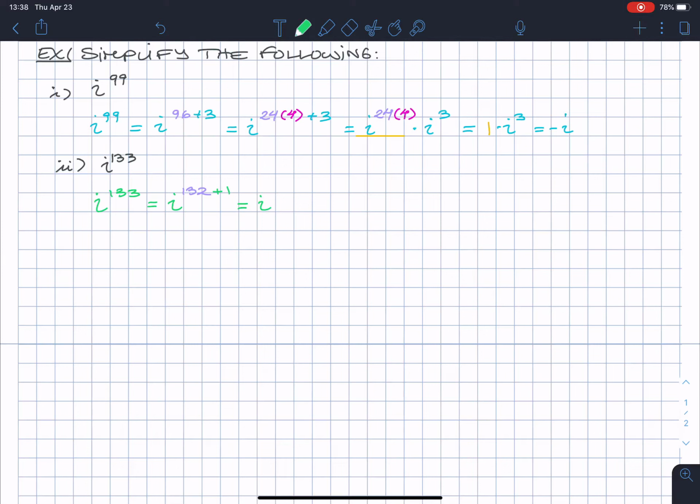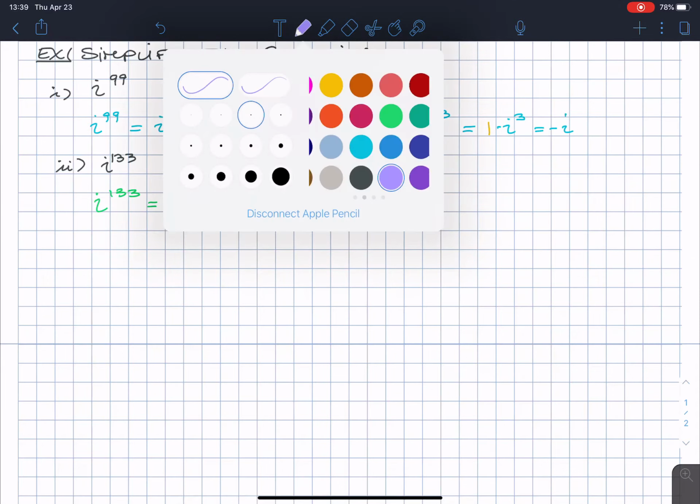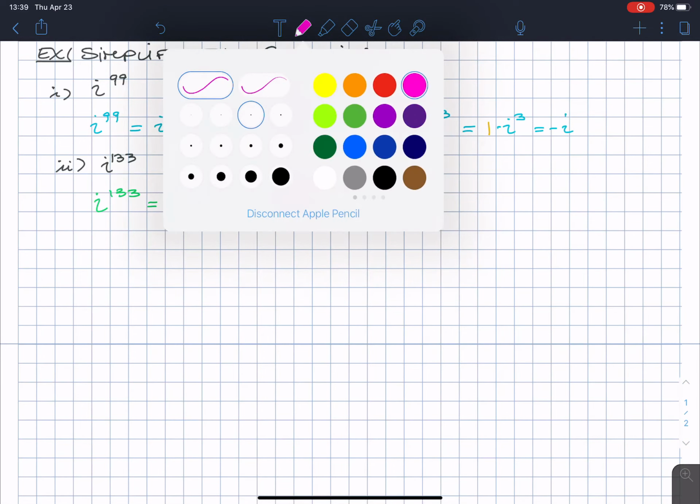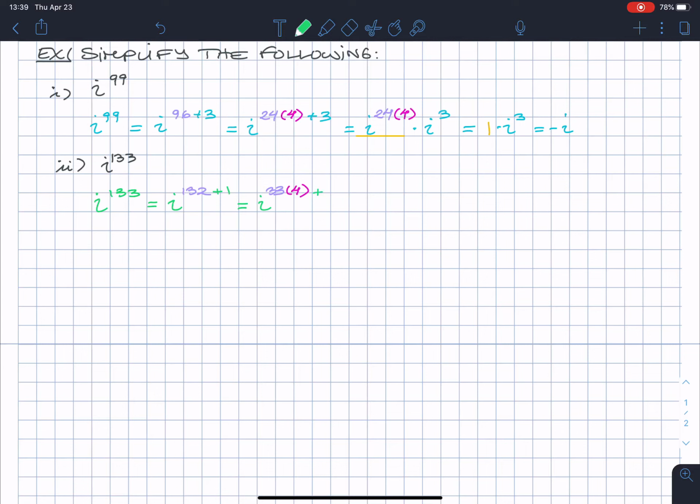Okay, so now let's see. How many times does 4 go into 132? Well, 4 goes into 100 25 times. 4 quarters makes $1. And then 4 goes into 32 8 times, so 25 and 8 should be 33 times 4, plus 1.